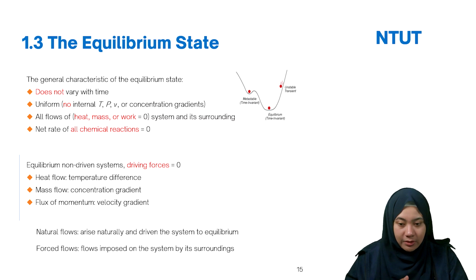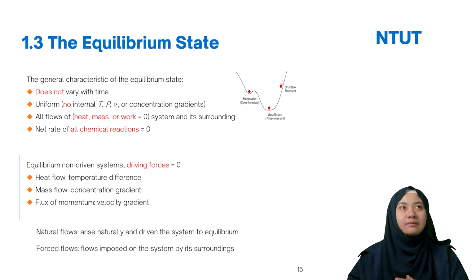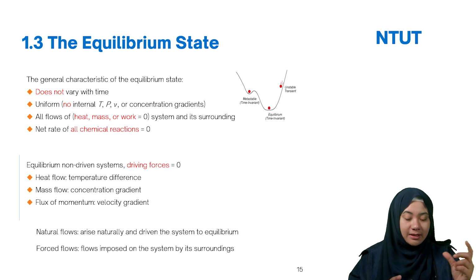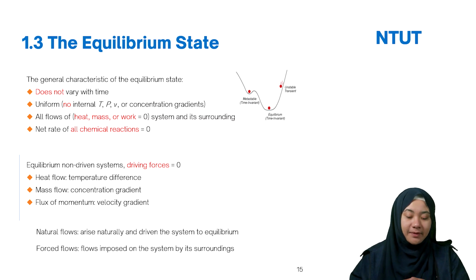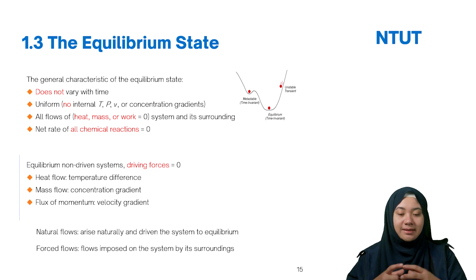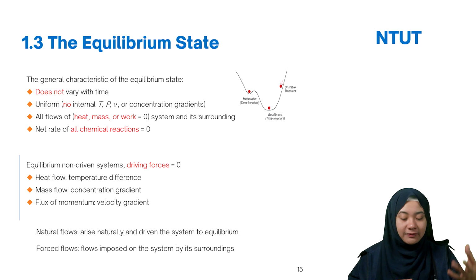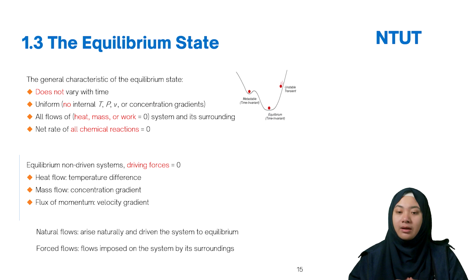Natural flows arise naturally and drive the system to reach equilibrium. For example, if you know heat, you have convection. Say I put a coin in the oven and it gets hot. After you take it out from the oven and put it in atmospheric conditions, maybe after 1 hour you touch it and it's not hot anymore.